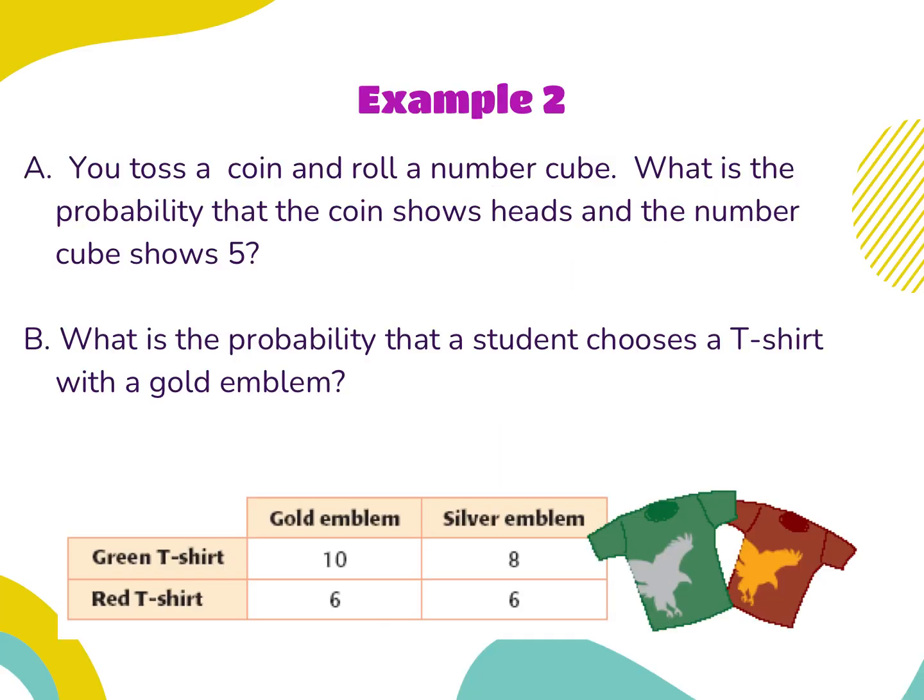All right, so here we go. It says you toss a coin and roll a number cube. What is the probability that the coin lands on heads and the number 5? So what we need to do is list out our sample space. I already did this on the previous slide.